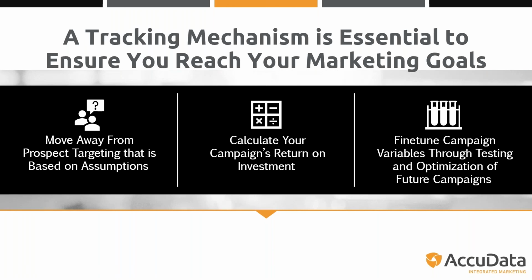Once you have that test complete, you can optimize future campaigns to include the version of the postcard that has the highest performance. And you can test many different variables. Creative is just one. This could include the list, your timing, the type of deliverability, your color scheme, your offer, your call to action, and more.